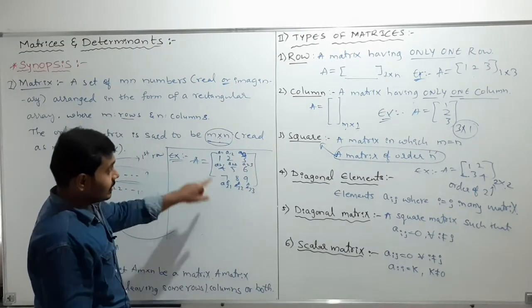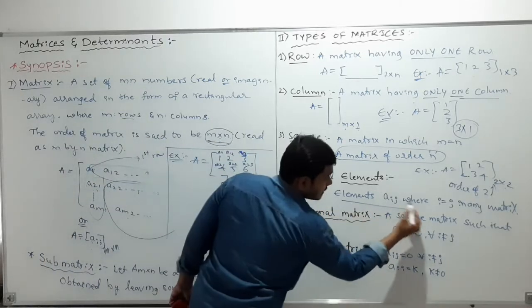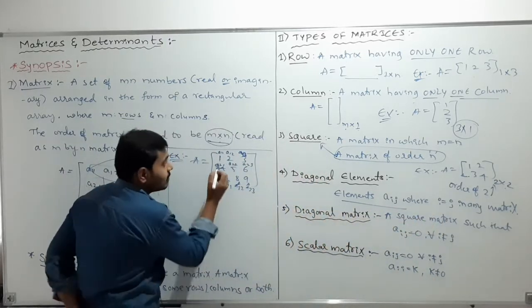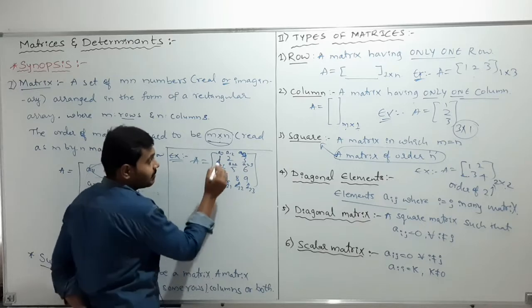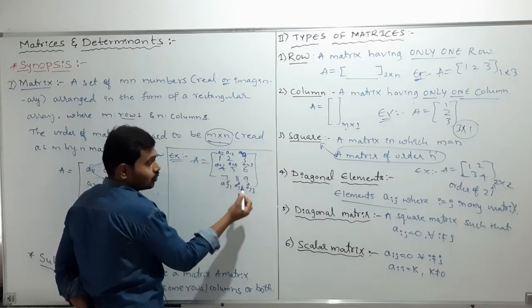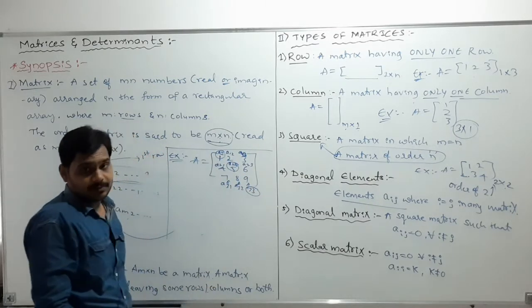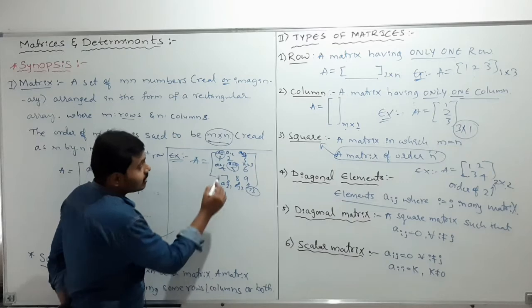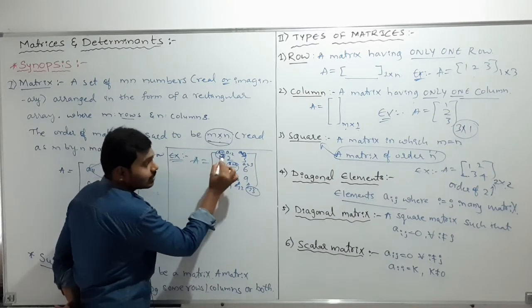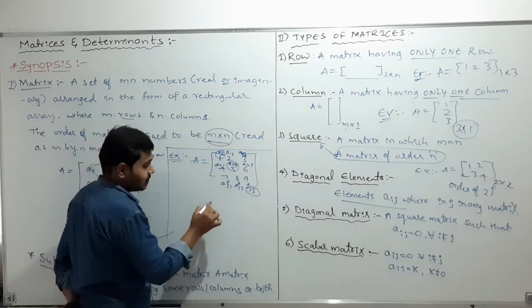Clear? So in this, what it says is the elements aij where i is equal to j. i equal to j means what? Both should be the same. It means here also one, here also one. A11, A22, A33, all these we can call diagonal elements. Why are they diagonal elements? Because both subscripts are the same, both i and j values are the same. Clear?